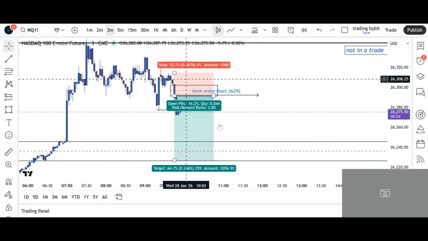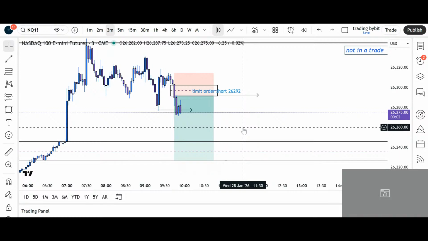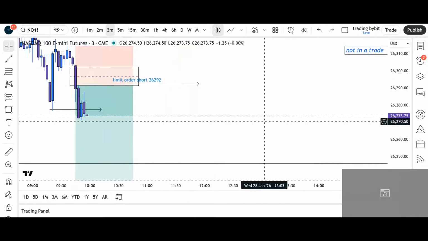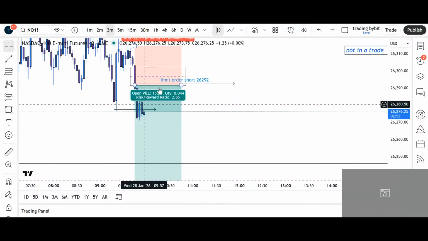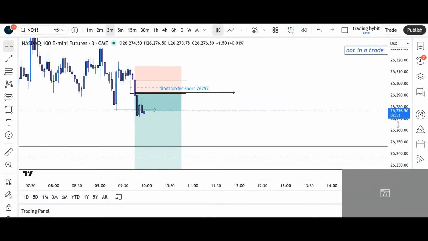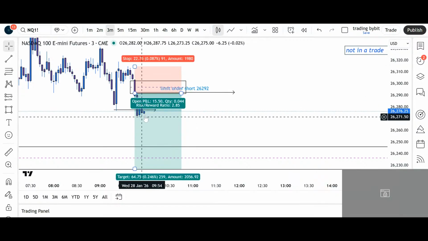So that would be trading small retracements. If we don't get that tap, I'm not entering this. It's already too far down to enter it otherwise.